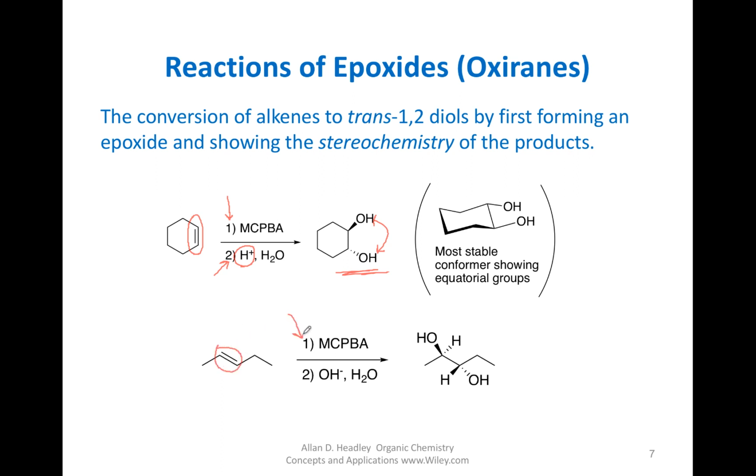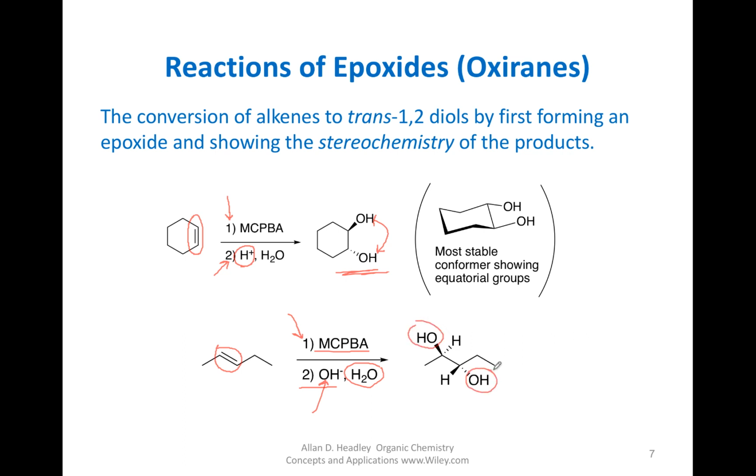The first reagent is MCPBA, metachloroperoxybenzoic acid, an oxidizing agent which will oxidize your alkene to get the epoxide. In a second step, this time it's water in the presence of a base. Here we have our trans alcohol.